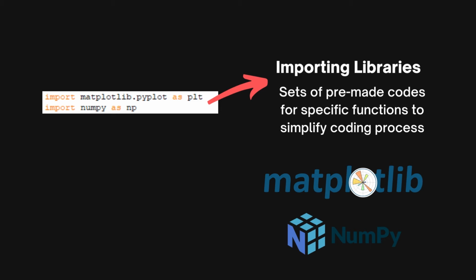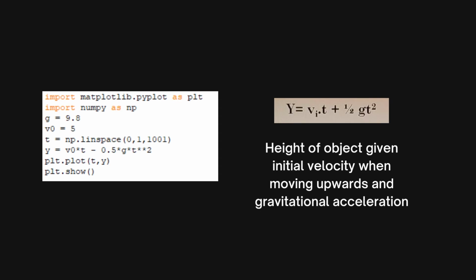For reference, the mathematical equation that we are referring to is this: y equals v0 times t minus half of g times t squared, an equation for the vertical displacement of an object that is moving vertically in the presence of gravity. The equation contains three variables, namely v0, which is the initial velocity, g, which is the gravitational acceleration, and t being the time.